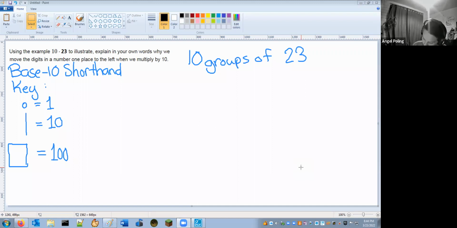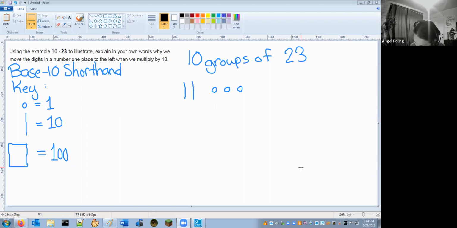So 23 is, make sure I do this with enough space, 2 of the 10s, and then 3 of the 1s. And now 10 groups of 23 is 10 of those, right? That's the group.